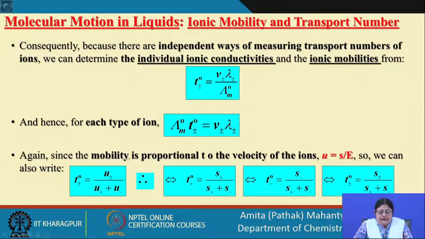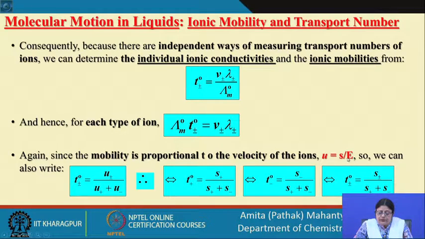We have mobilities in terms of the drift speed of the molecules or ions which are moving under the electric field. U will be equal to S by E. If you remember this expression which we had derived in the previous lectures, if U equals S by E, then in this expression I replace the U in terms of S by E. E is the constant electric field which is applied.